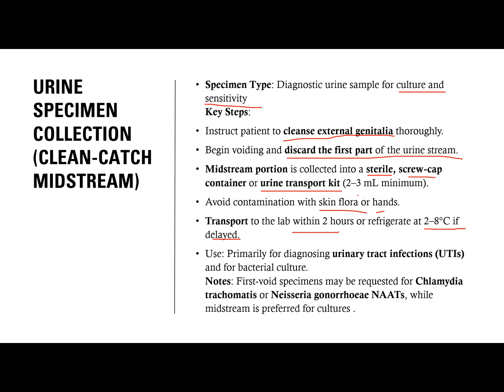So most of the time, class, kapag nag-collect ang patient for bacteriology ang sample urine, most likely may UTI yan. Visually pa lang, class, you will have an idea if a patient has urinary tract infection. Paano? How?